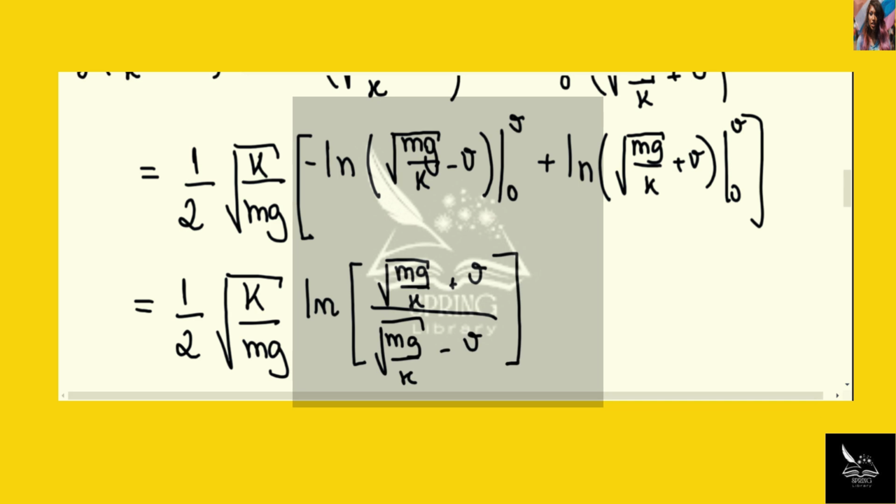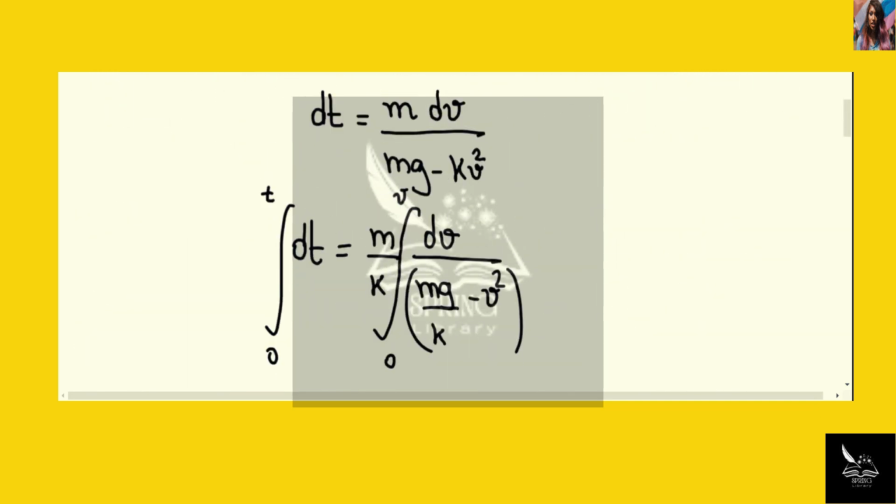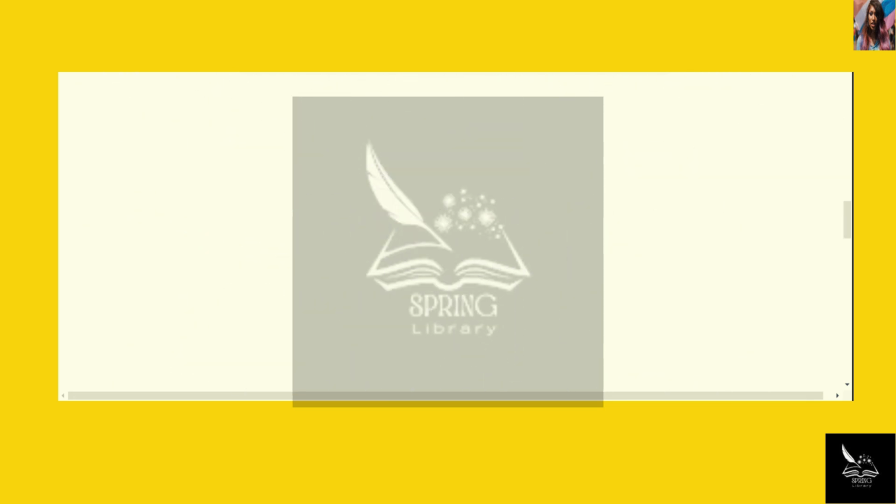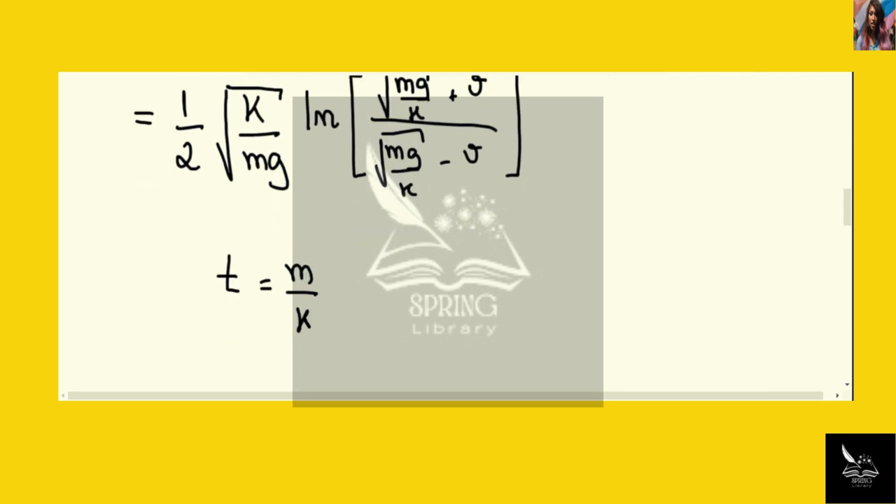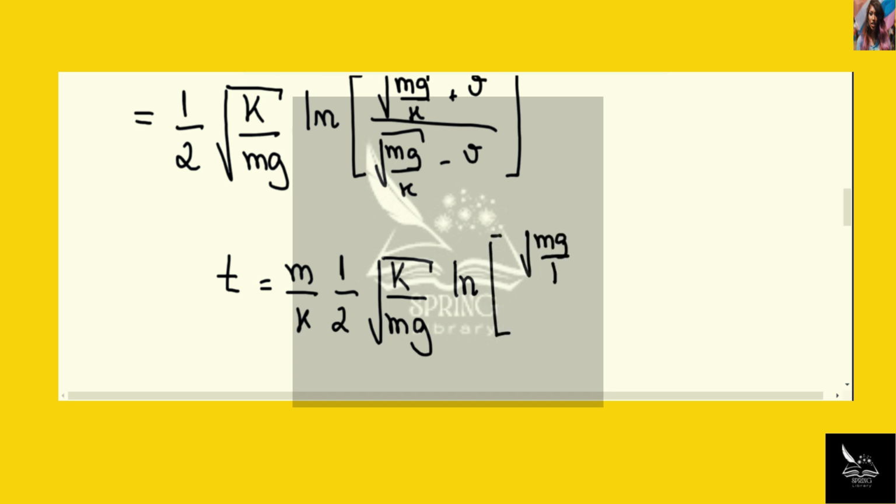Now we can go back to our equation, this one here. On the left hand side we have t, and on the right hand side we have m over k times the integral we just found, so that's 1/2 of the square root of k over mg times ln of the square root of mg over k plus v divided by the square root of mg over k minus v.